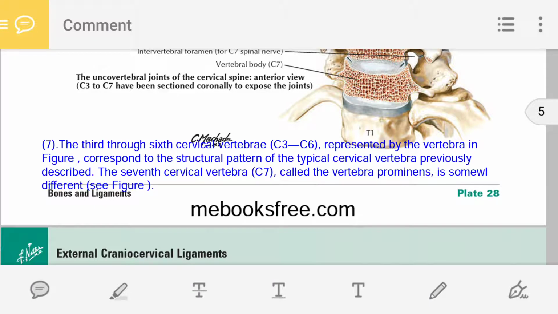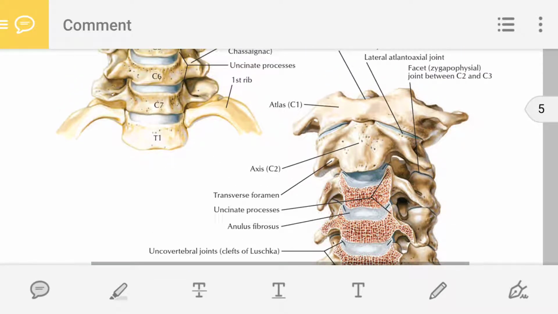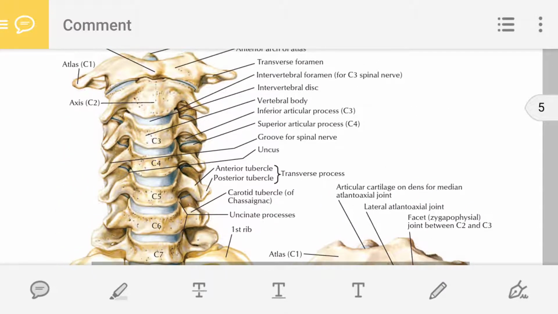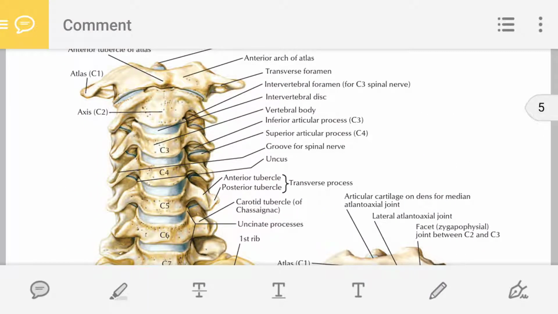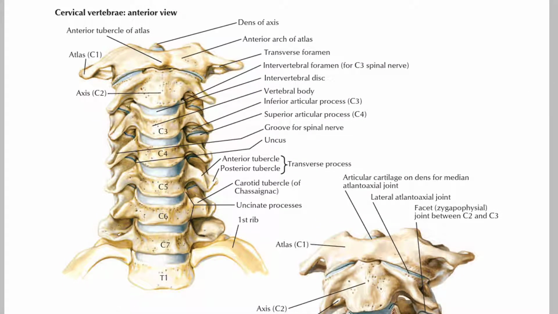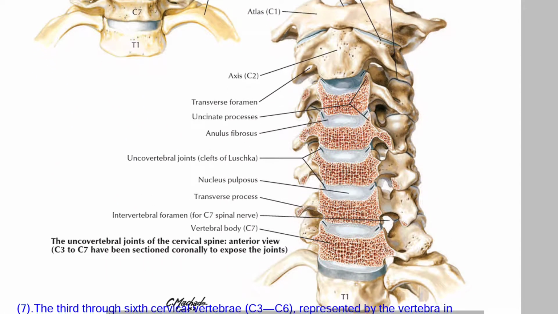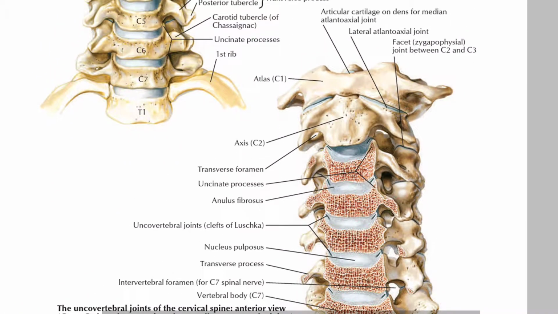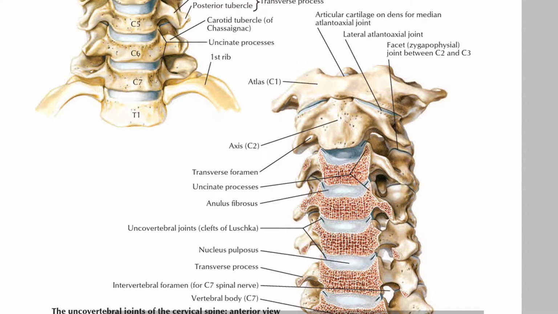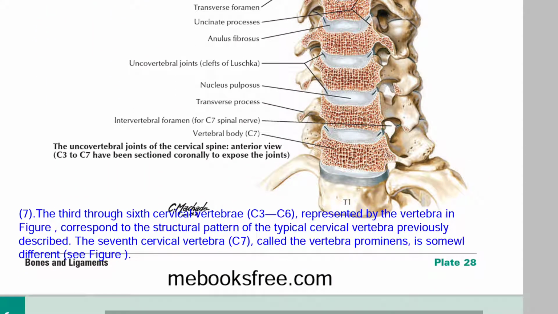First you observe the figure of C3 to C6. Observe this figure, all the names you try to remember. This is the anterior view, the left hand side anterior view, and this one is also the anterior view. All the names you try to remember.